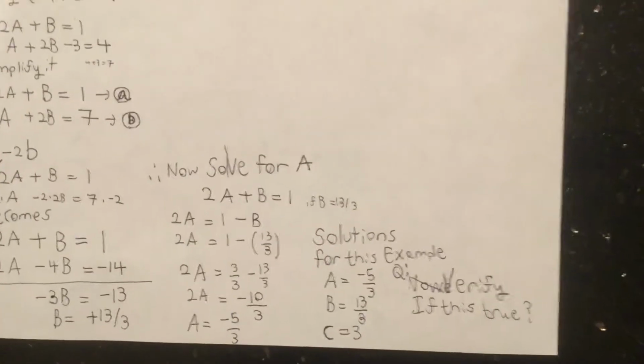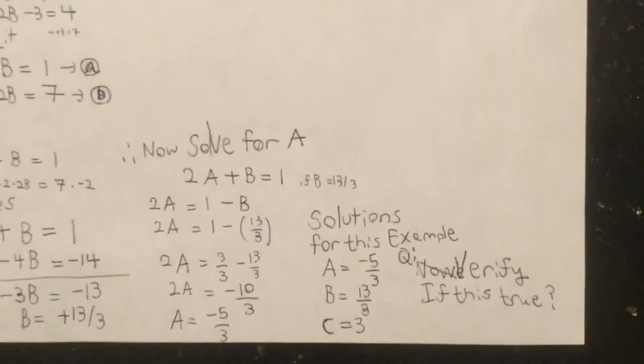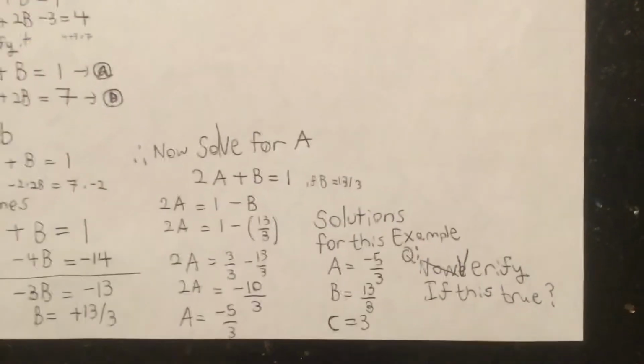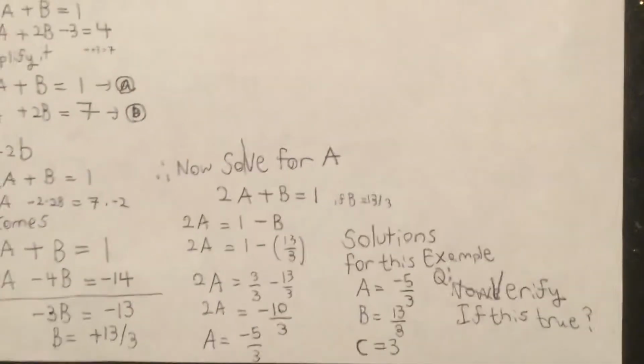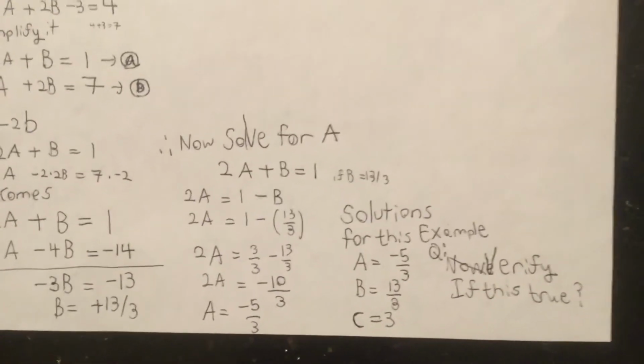I finished solving for c and b. The very last thing is I want to solve for a. So I go back to the first equation, little a: 2a plus b is equal to 1, where b is equal to 13 over 3.